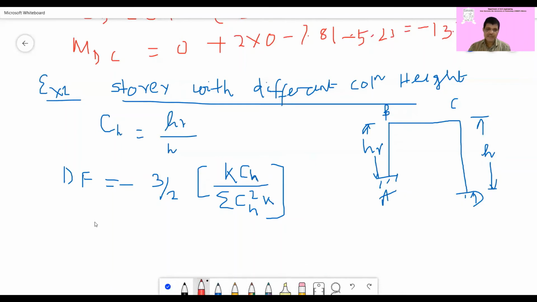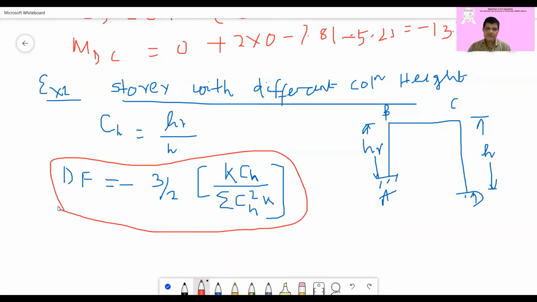You have to be very clear about the calculation of the displacement factor. Other parameters remain the same.